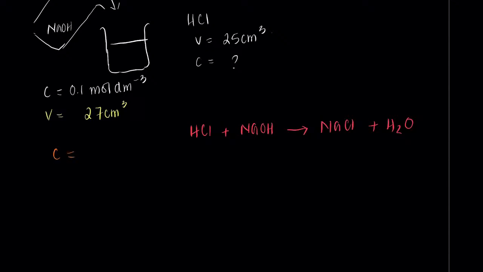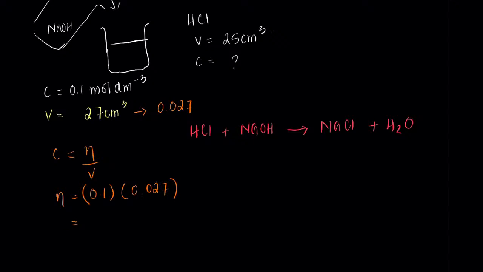Concentration is moles upon volume. Isn't that the case? So the moles right now are equal to the concentration, which is 0.1, times the volume in dm³, which is 0.027.